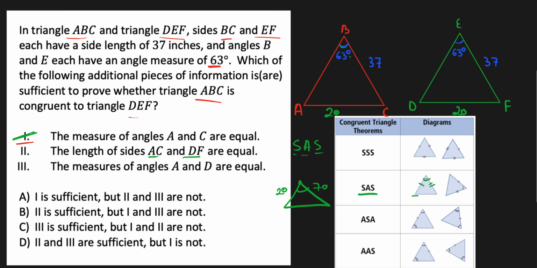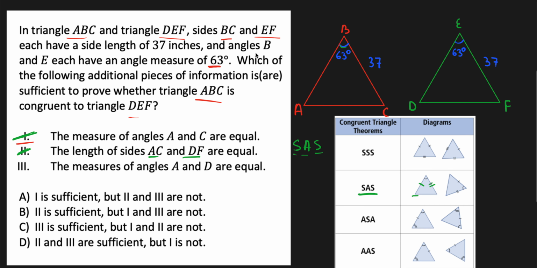But if we look at our triangles, we have only one angle, and our two sides are not located in the right places. If we were to put this 20 right here, the side angle side theorem would be correct because our angle would be located in between the sides. I hope you understood it, and this is simply why the second option is incorrect. Let me get rid of this so that it does not bother us.